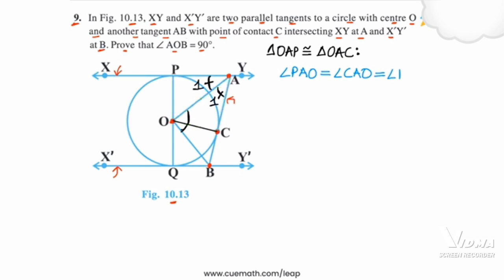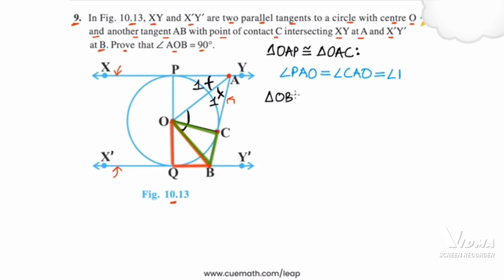Now let's compare triangle OBQ, this triangle, with triangle OBC. Again, these two triangles are congruent. I'm going to make use of this fact directly. If you want, you can pause the video and think about how to show that these two triangles are congruent.